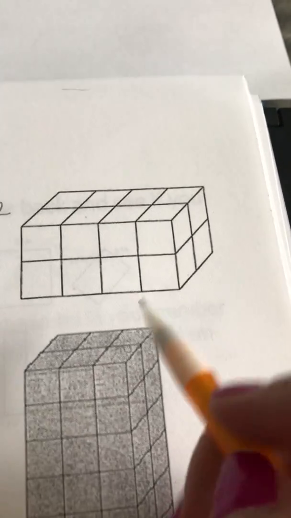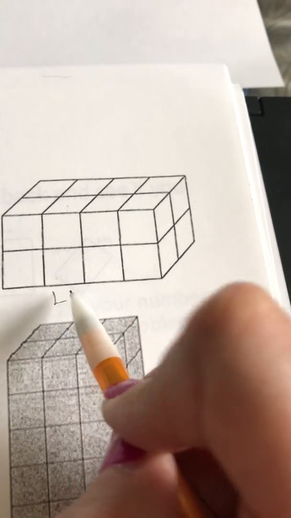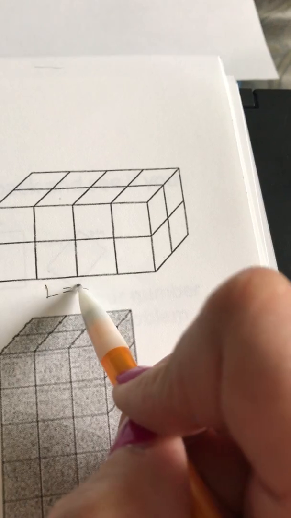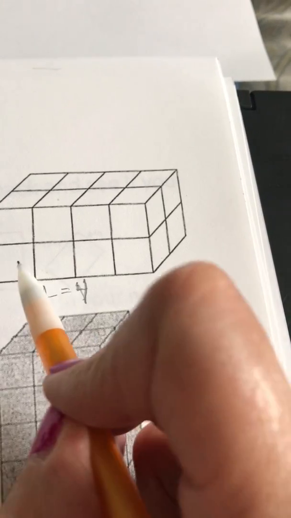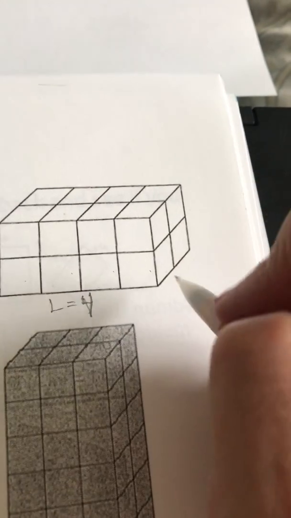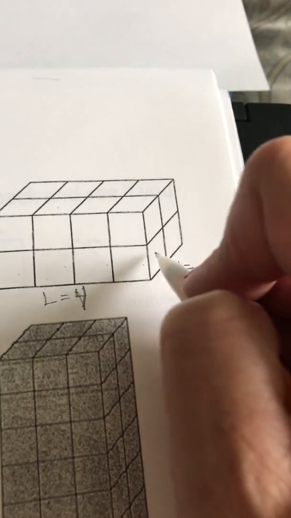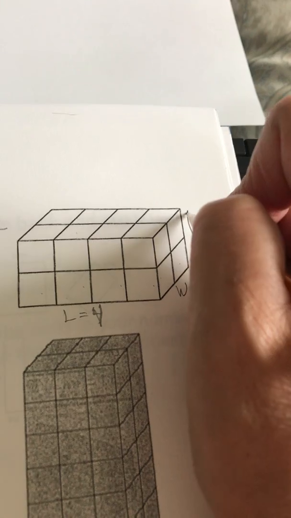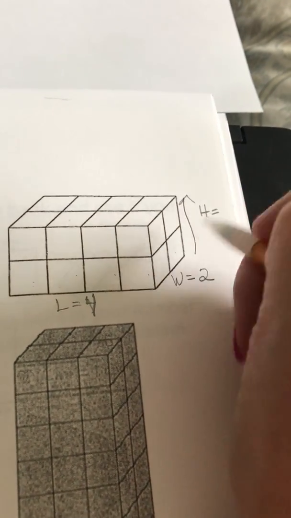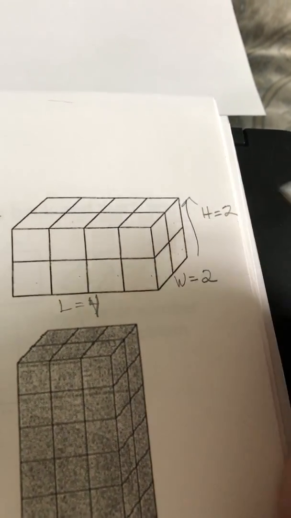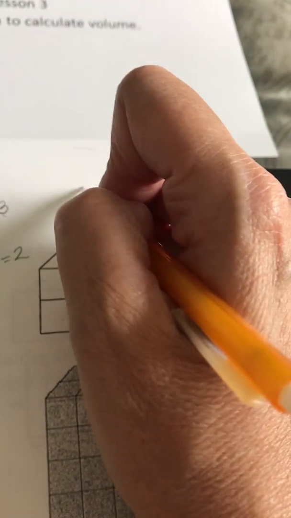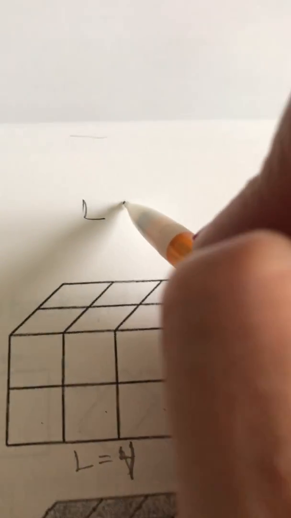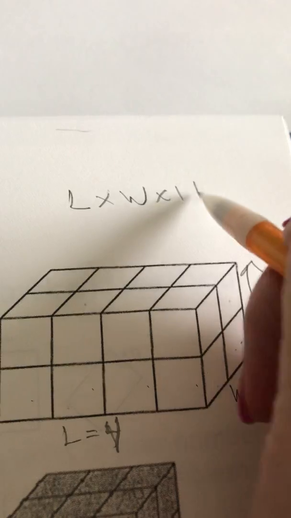Here we go. Our length equals 4. 1, 2, 3, 4. Our width equals 1, 2. And our height equals 1, 2. And let's put that all together. Length times width times height.